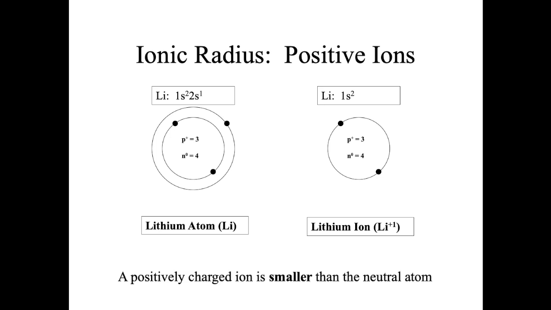But because it lost that 1 electron, it lost one of its energy levels. So it's going to become smaller than the neutral atom. And this is true for all positively charged ions. Positively charged ions will always be smaller than their neutral atoms because they're losing electrons to lose an energy level so that the next one is full.